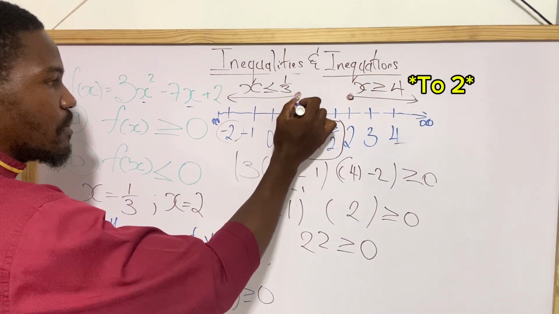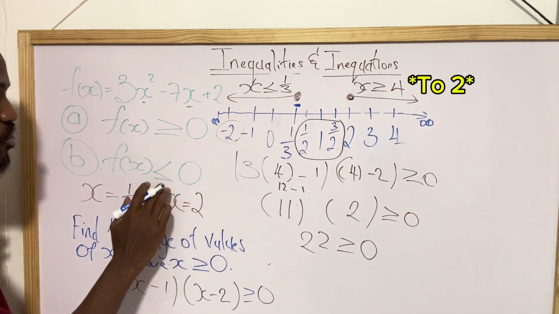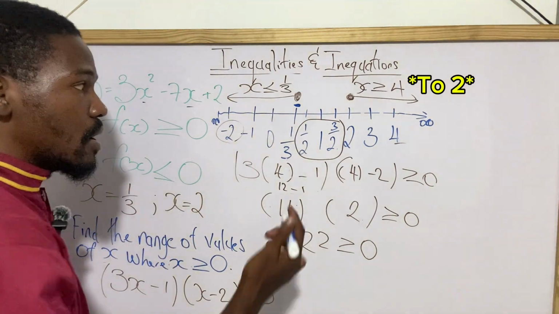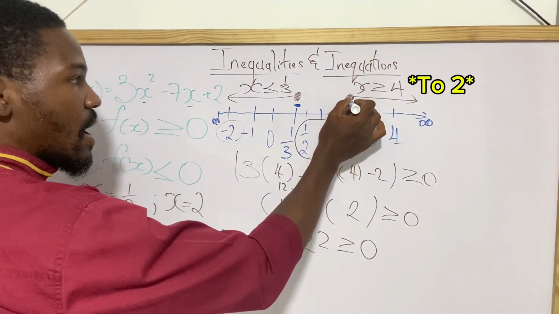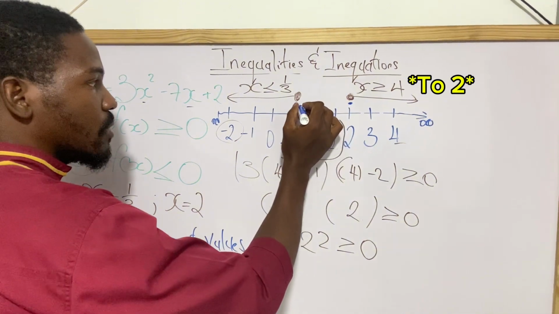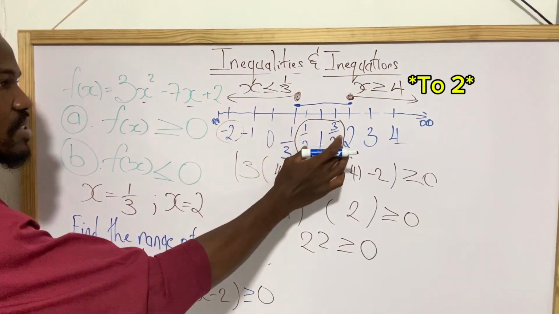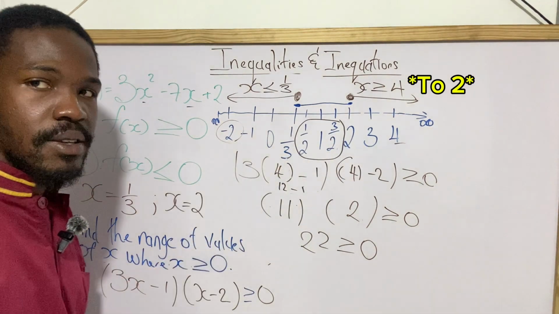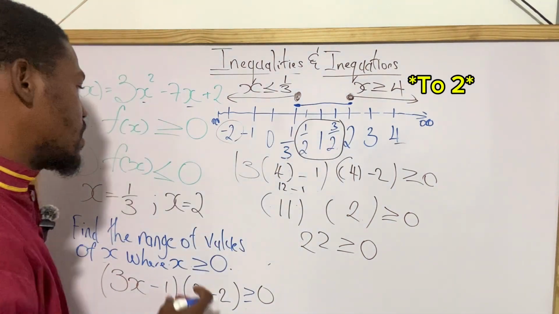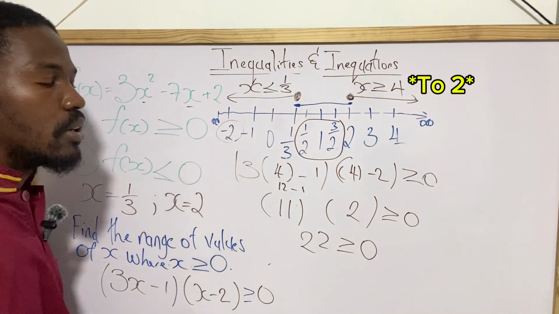We highlight the same 1/3 because we know that it should also be equal to 0. So we highlight there and we also highlight there, and we would put this right there. So these are the ranges of values of x where f of x is actually less than or equal to 0.